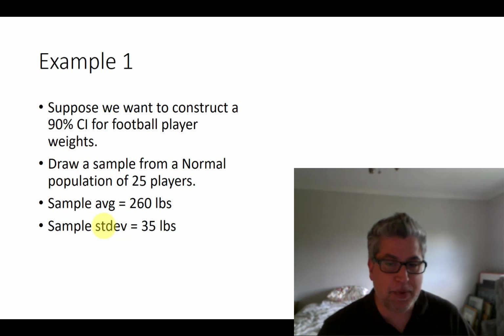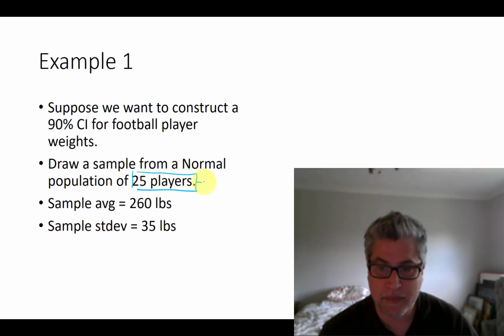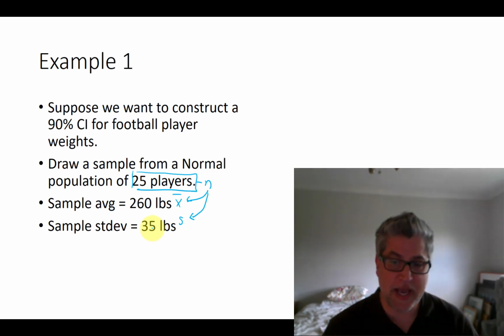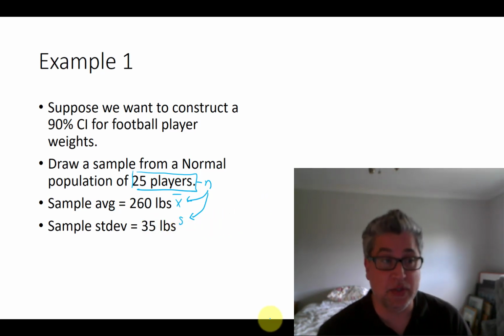So we collect a sample of 25 players, and from this sample, we calculate a sample average of 260 pounds and a sample standard deviation of 35 pounds. Since I had to use the sample standard deviation, I know that we need to use a t distribution. So how do we construct this confidence interval?